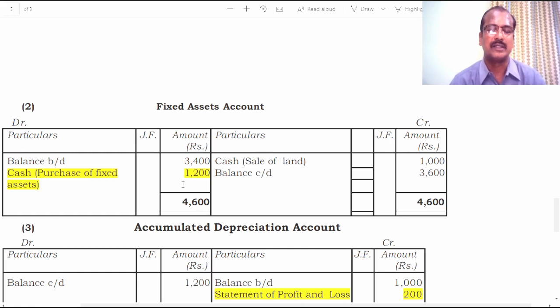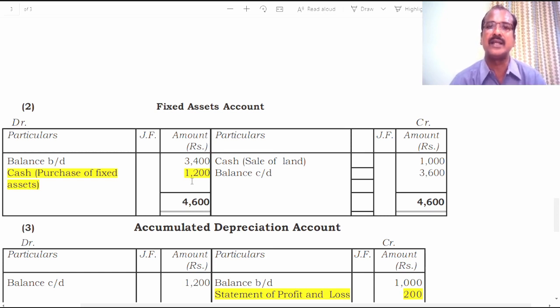So cash account debtor to fixed assets, that is recorded here. Now you look at the problem. Opening was 3,400. After you sell land costing 1,000, the closing is expected to be 2,400. But what is the actual closing in the fixed assets at cost account? 3,600. You find an increase of 1,200 lakh rupees in this account.